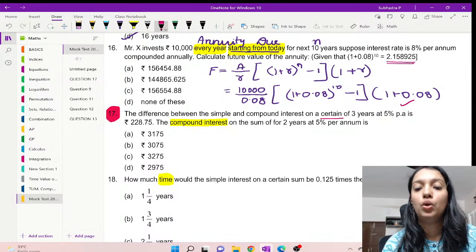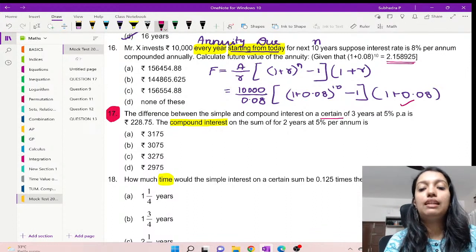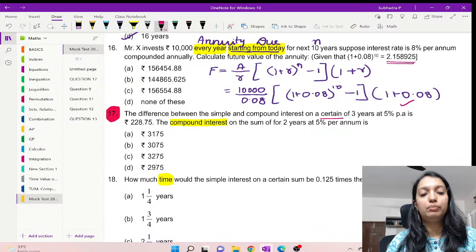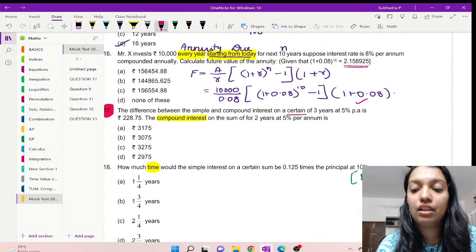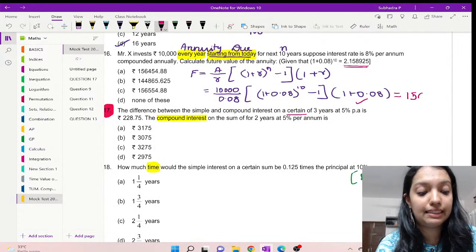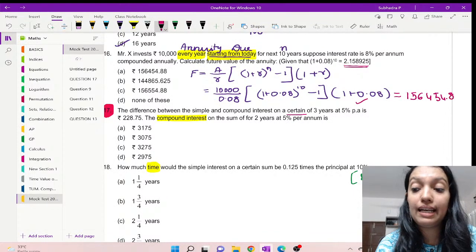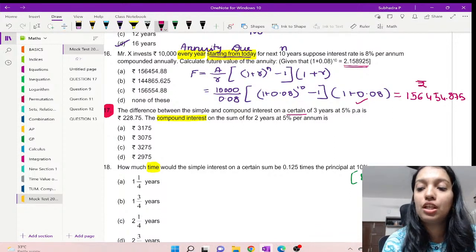They have given the value. Into 10,000 divided by 0.08. So I hope everyone directly did that along with me. I got the answer for this question in the calculator as 156,454.875. This is rupees. Do we have this in the option?